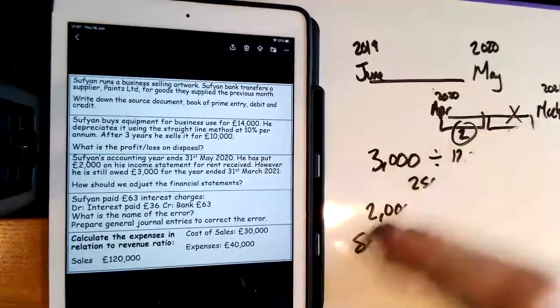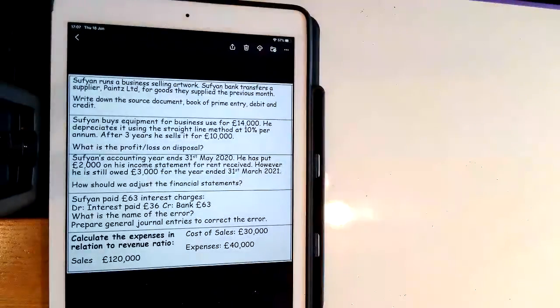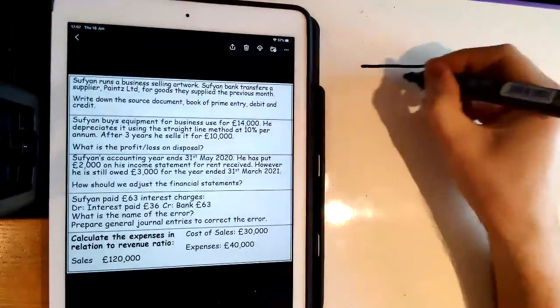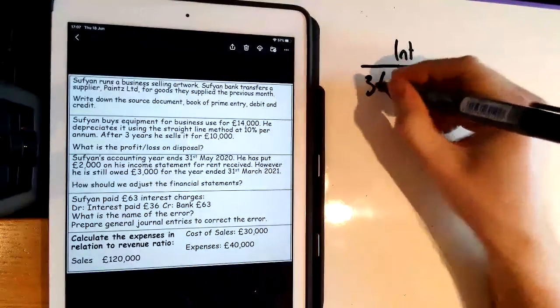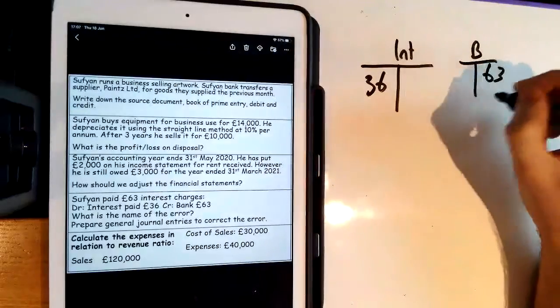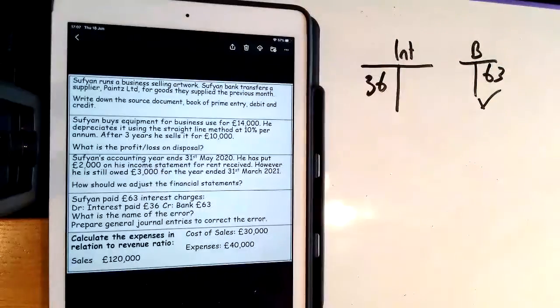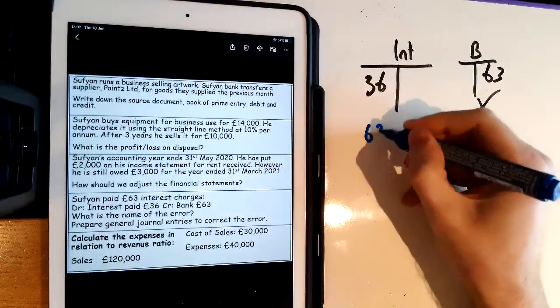Okay, next one. Sufyan paid £63 interest charges, and he did that by debiting the interest by 36 and crediting the bank with 63. Well, this bit's correct, but this bit should have been 63.